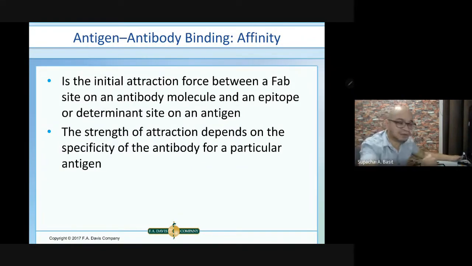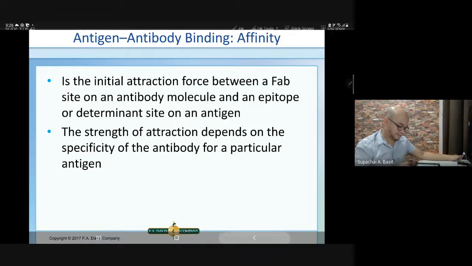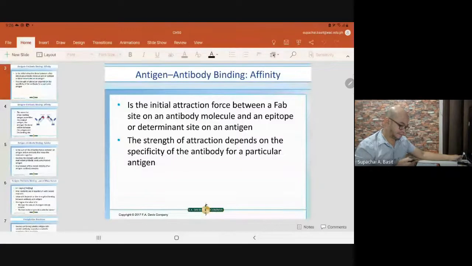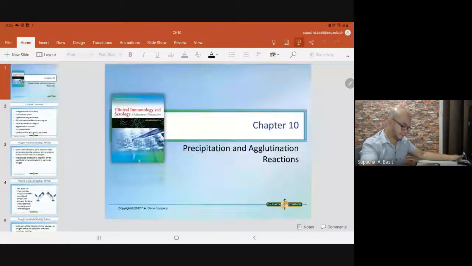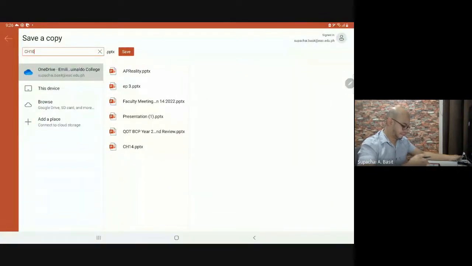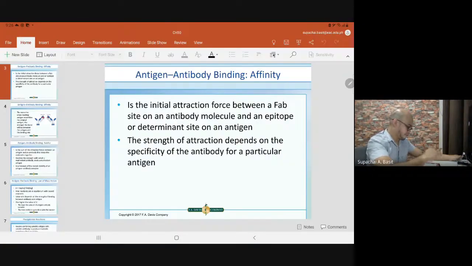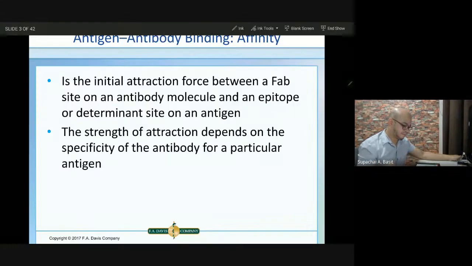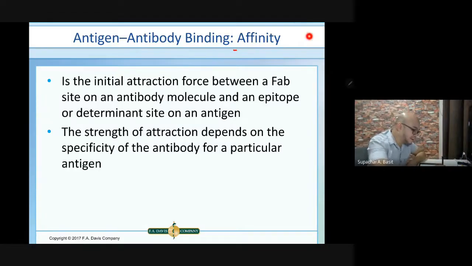Okay, so let's define first what do we mean by affinity.